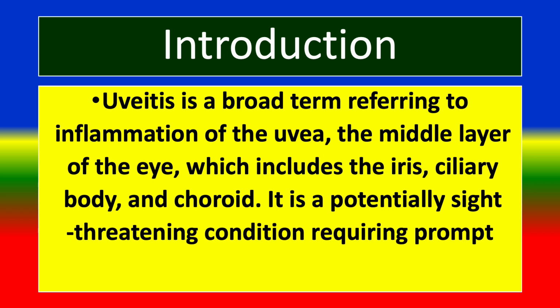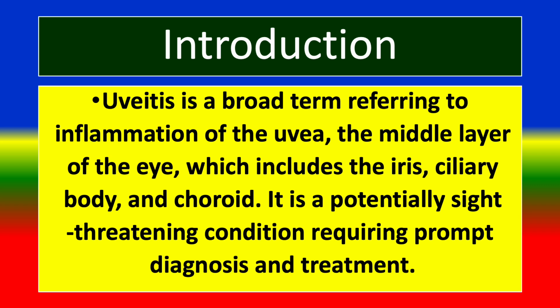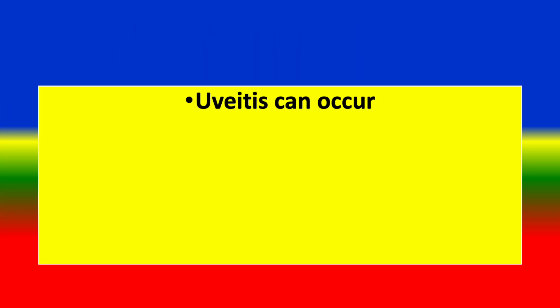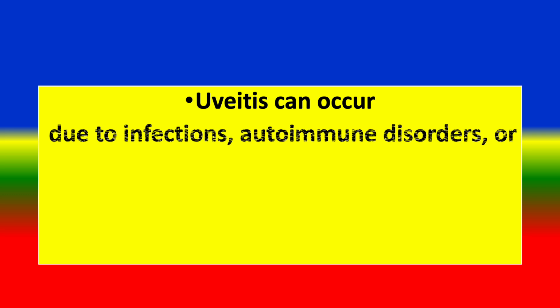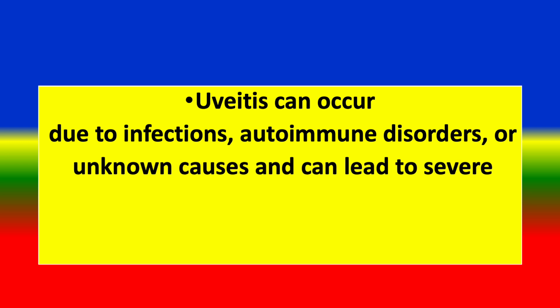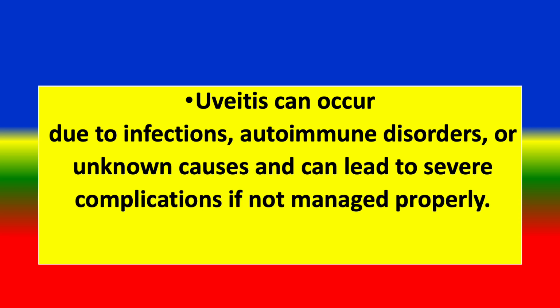It is a potentially sight-threatening condition requiring prompt diagnosis and treatment. Uveitis can occur due to infections, autoimmune disorders, or unknown causes and can lead to severe complications if not managed properly.